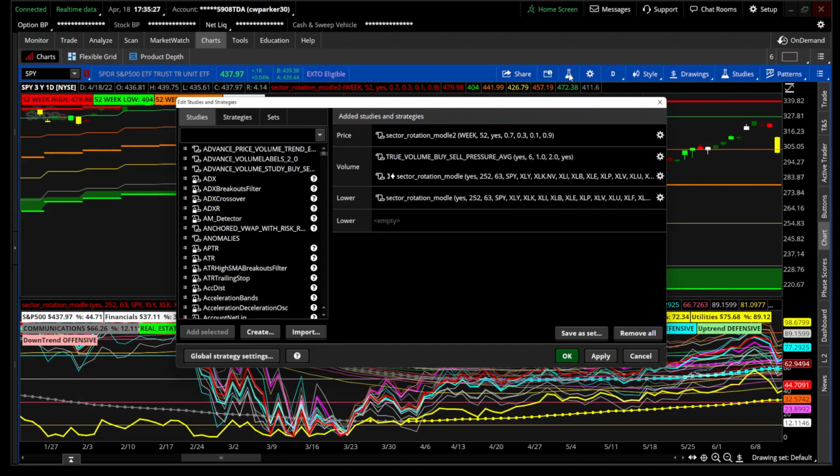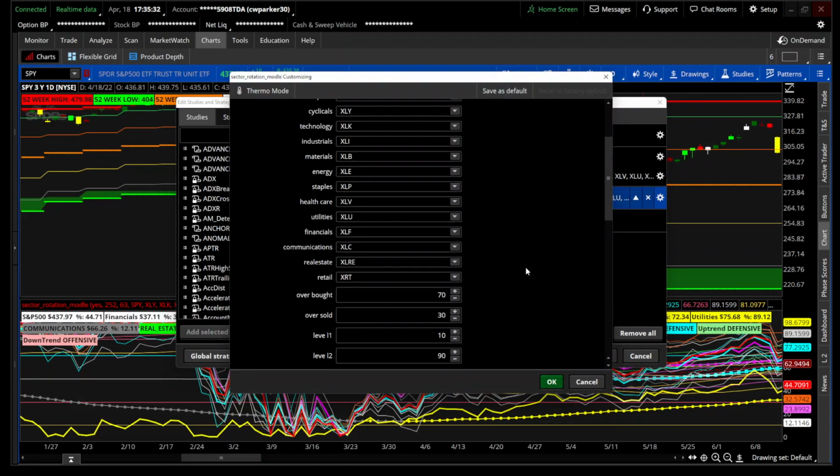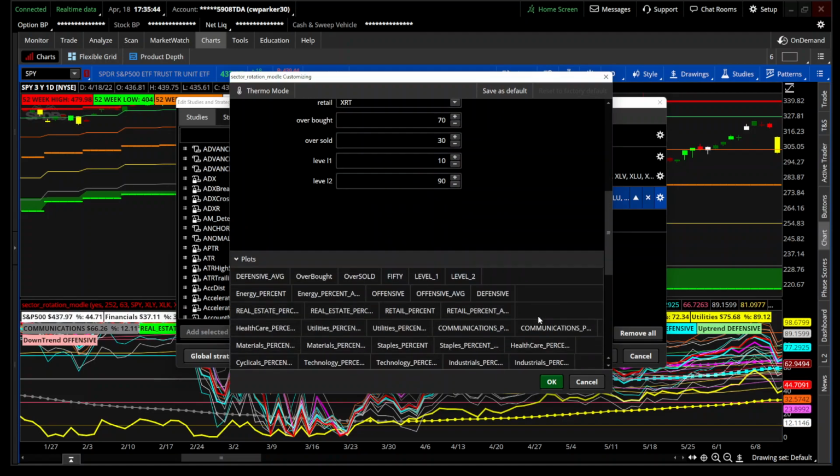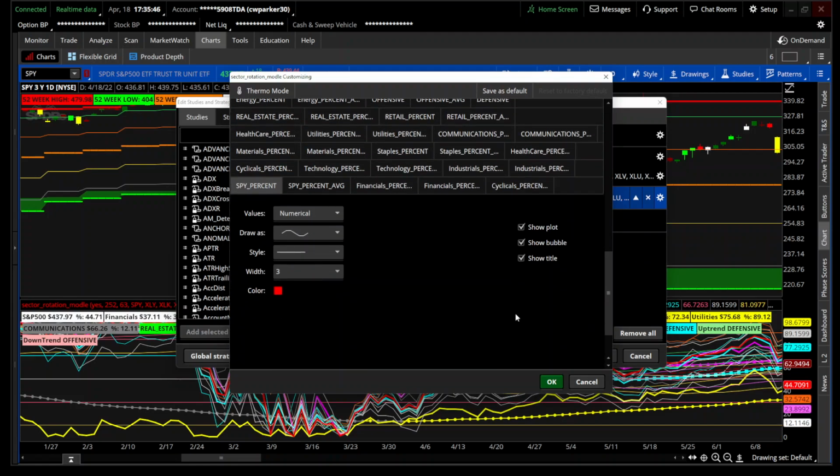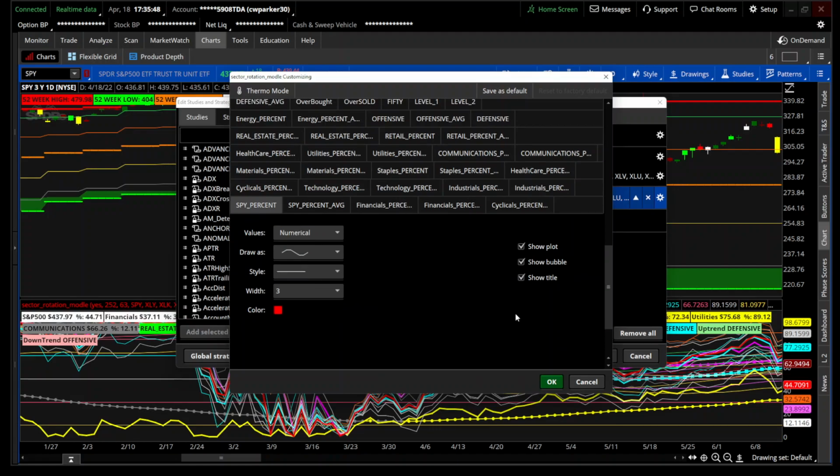You have the averages in there, and you also have the actual percentages within the 52-week lows and 52-week highs of each one of those sectors. One way that I found works pretty good for me is I would go in and cut the actual off.